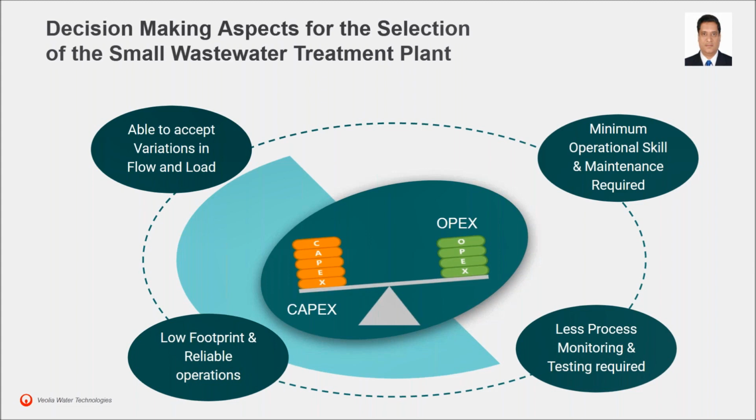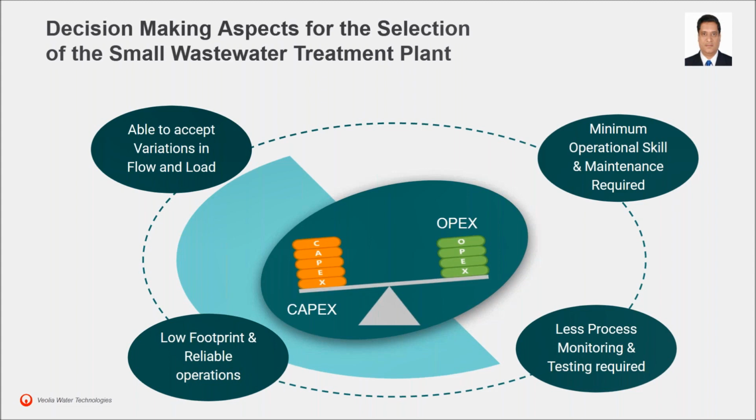The other criterion is that the small STP should be able to handle very well the variations in flow and pollution load normally observed with small community sewer networks. Further, the small STP should have a minimal footprint and be reliable in operations and process performance.